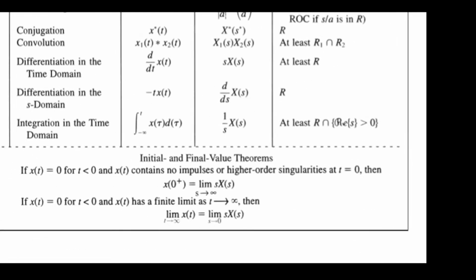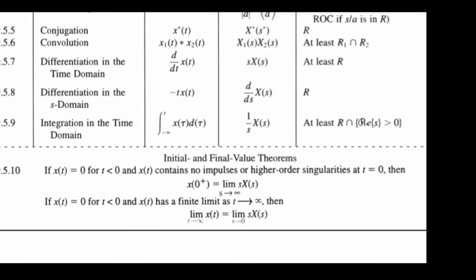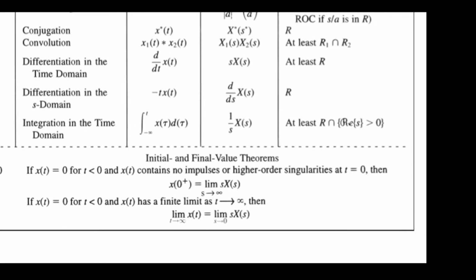Okay, and then we have those two theorems that we didn't have in the Fourier transform: the initial and final value theorems. They have a slightly weird condition that you want your x to be causal, so x of t equals 0 for t less than 0, and you want x to be not too bad at t equals 0.